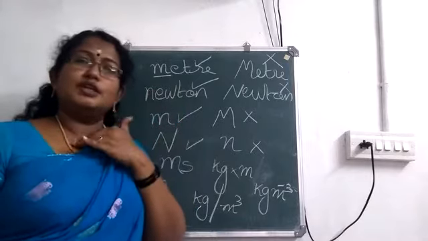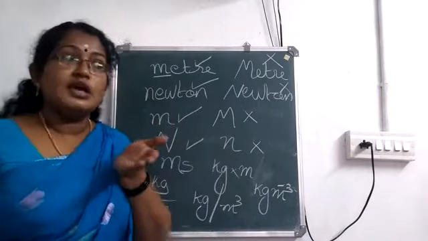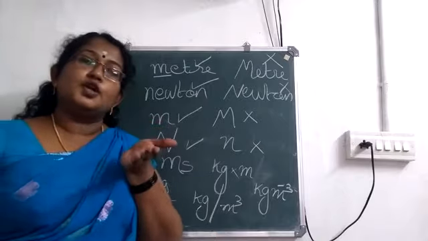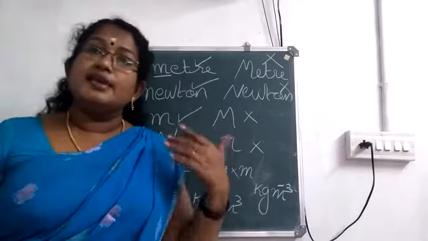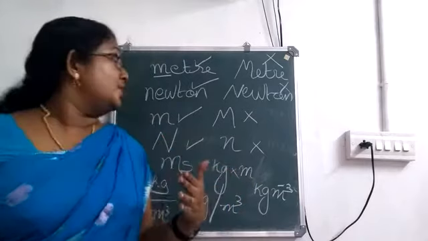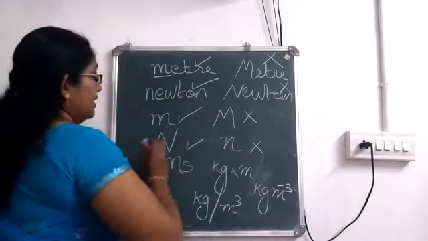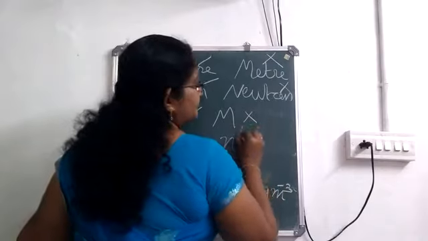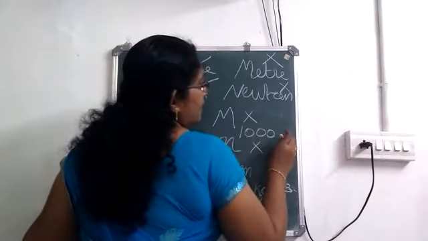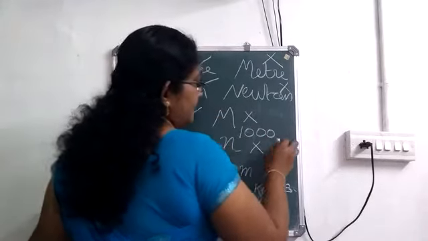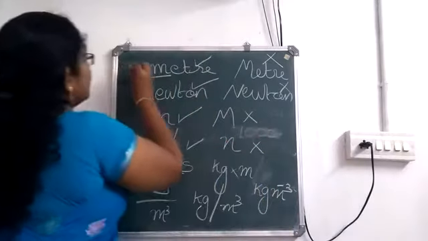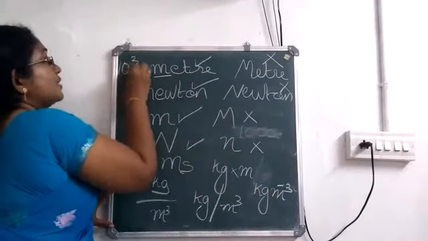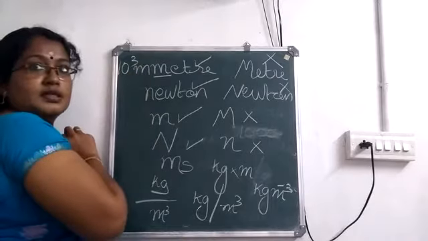Again, one or two things are given in the textbook. In order to avoid the powers of 10, we can use a prefix in a unit. For example, 1000 meter can be written as 10 raised to 3 meter, isn't it?